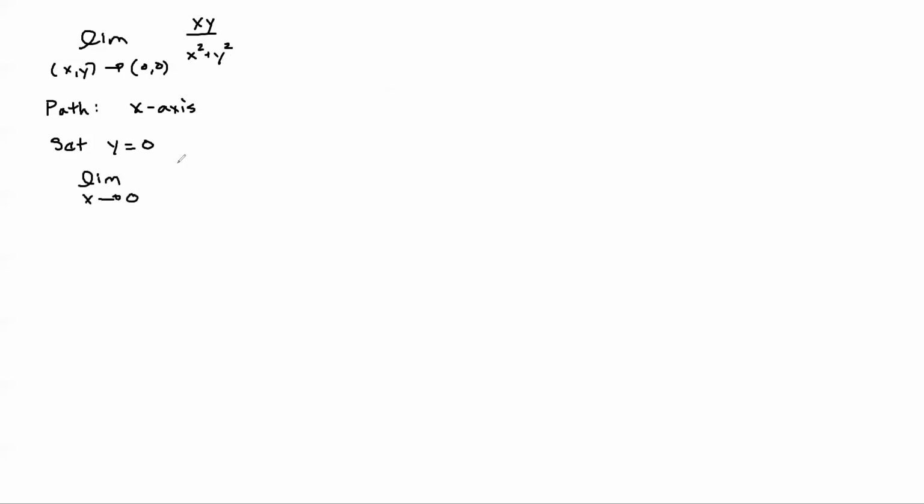Pop a 0 where all the y's are. You're going to get 0 times x, so 0 in the numerator. In the denominator, we're going to have x squared plus 0 squared, so just x squared. All right, so the limit as x goes to 0 of 0 over x squared is equal to 0.